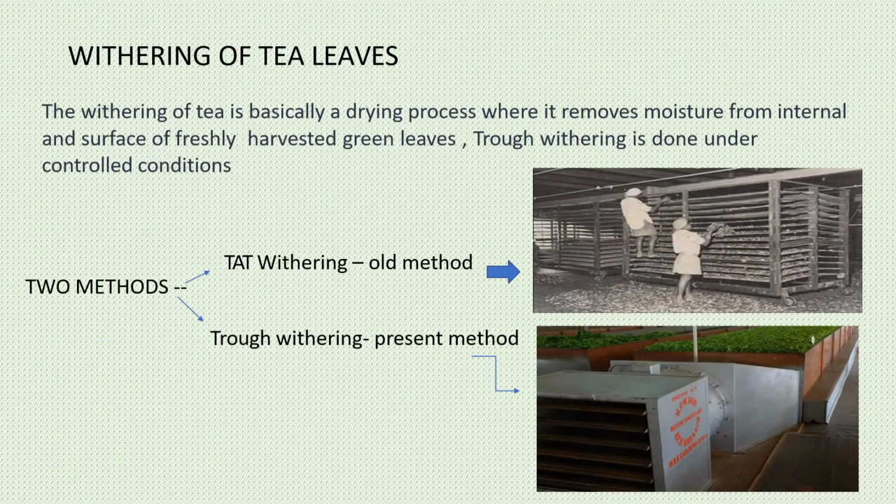As you can see, the machinery is clean and usually automated. We only have to put the leaves here, and the drying process continues. This is the machinery for dehydration. Here there is no machinery, this is just drying according to the atmospheric conditions. So the trough withering method is the present method for tea drying.